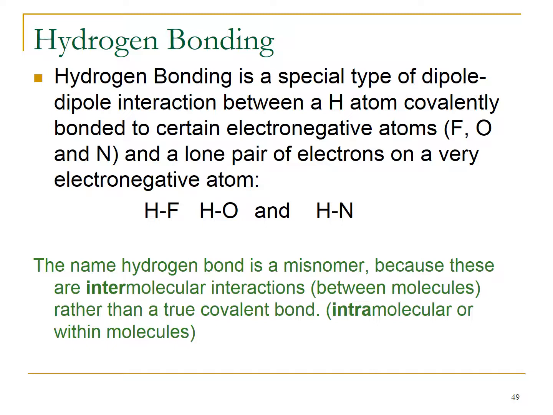And the hydrogen is very, very tiny, and so it can actually get in very close to the negative end. And so they get in really close, and it's a really strong attachment. So a hydrogen bond is just a very special kind of dipole-dipole interaction, which is the strongest kind that we can have. And so here you can see, again, hydrogen bond is a misnomer because these are intermolecular attractions between molecules. A bond is then an intramolecular, within the molecule.